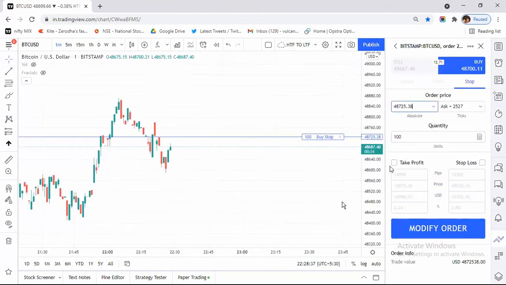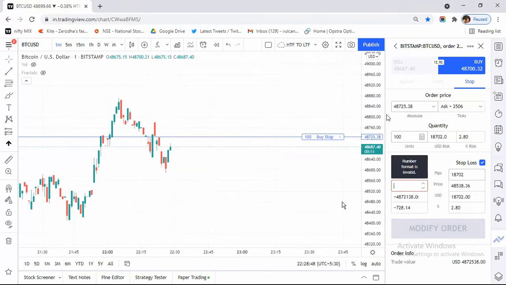Click on that, and there is a take profit and stop loss column here. In take profit, you should enter the take profit level, like 488.